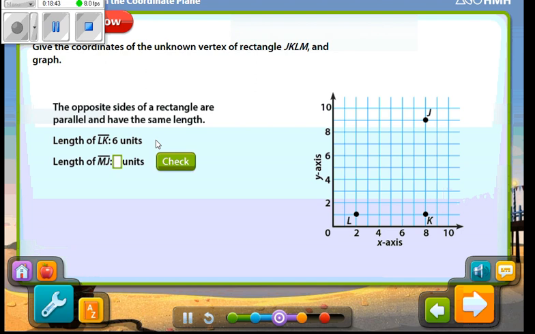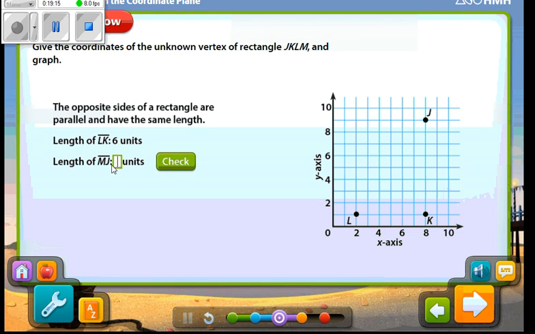Now, what is the length of side MJ? M is going to be our missing coordinate. J is here. So J will have similar coordinates to K, and then M will be similar to L. They're going to be parallel to each other on the same x-axis.